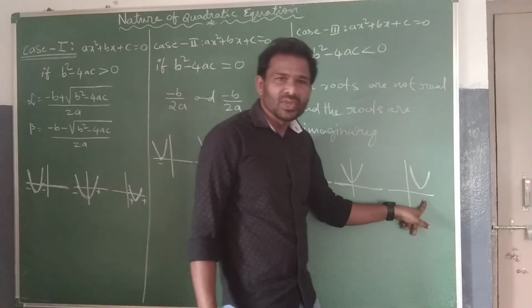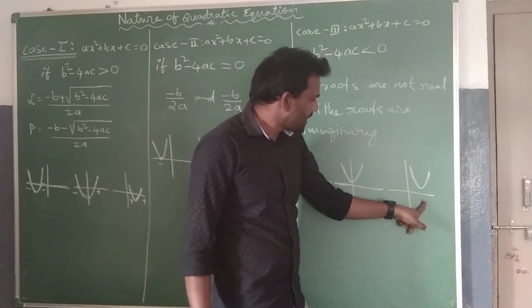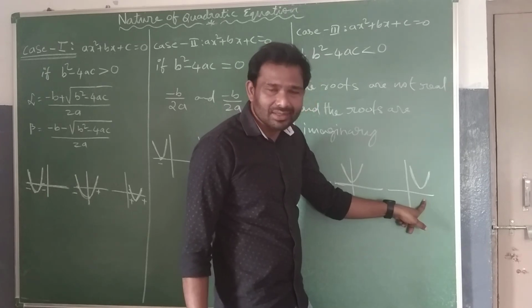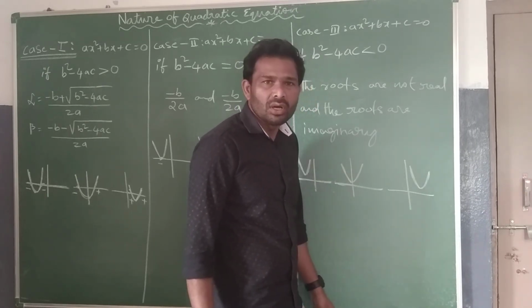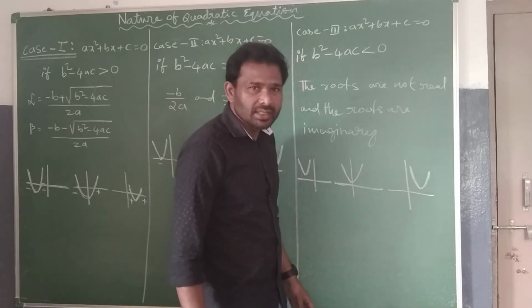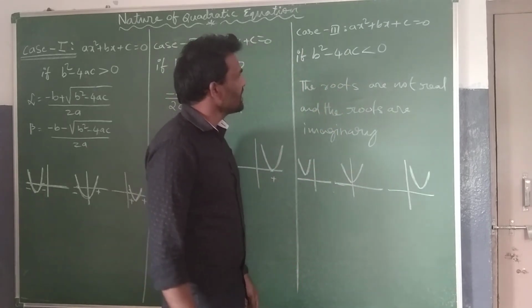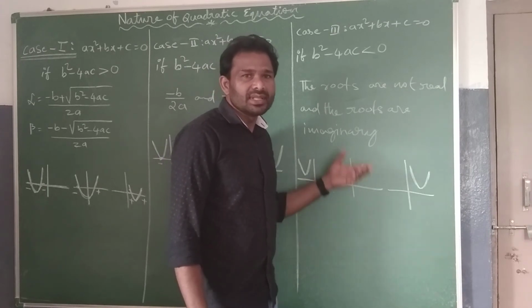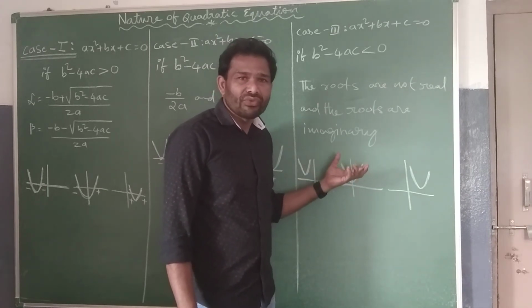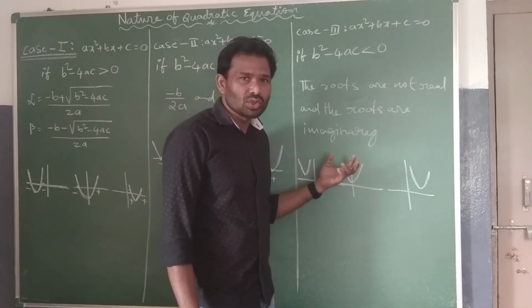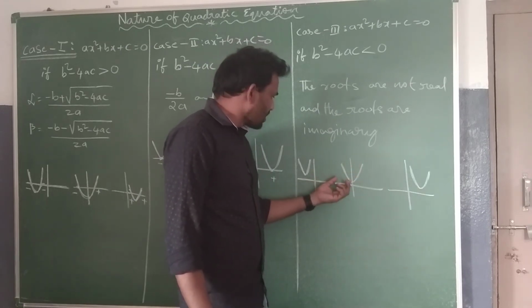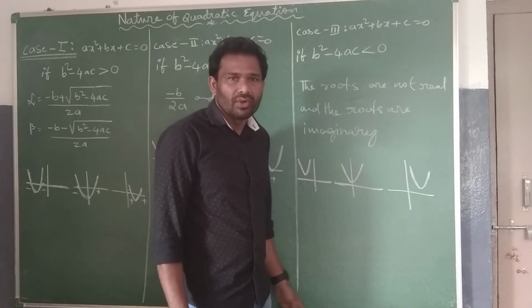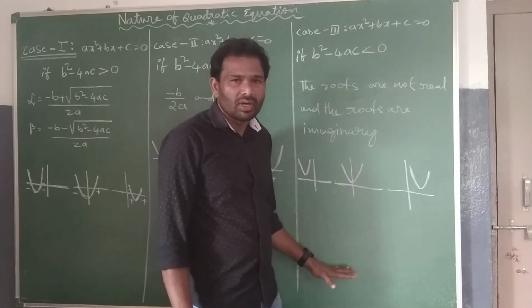And here also the same situation, the graph does not cut the x-axis, so in this case also no real roots exist, so b square minus 4ac is less than 0. The roots are imaginary, and the graphs will be like this whenever we draw the graph on the graph sheet.